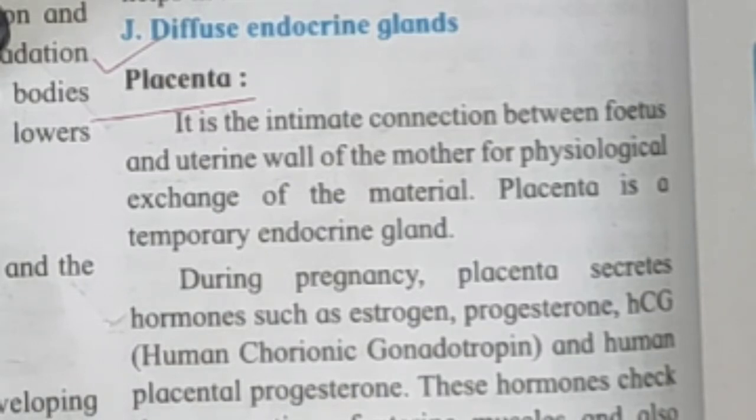And during pregnancy, this placenta secretes various hormones which are estrogen, progesterone, human chorionic gonadotropin and human placental lactogen.